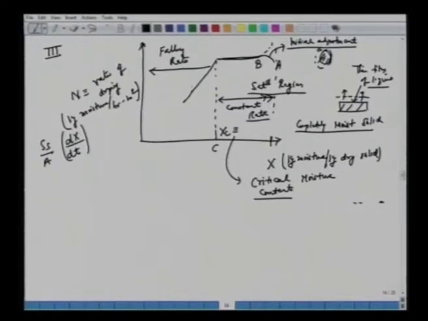Now let's mark here, till it falls linearly, C, so we have xc, and D, let's say xt. This is a region which is a part of this falling rate, except now we are calling it the unsaturated region.